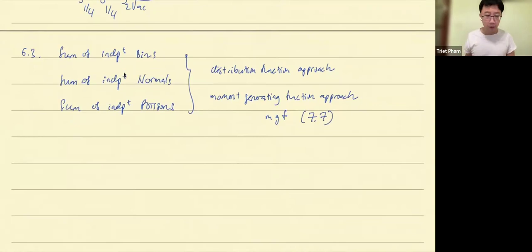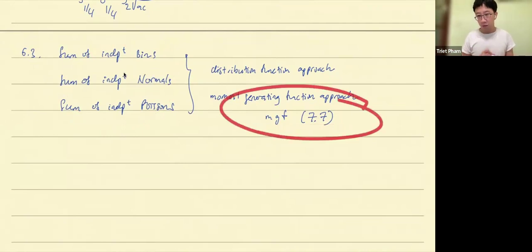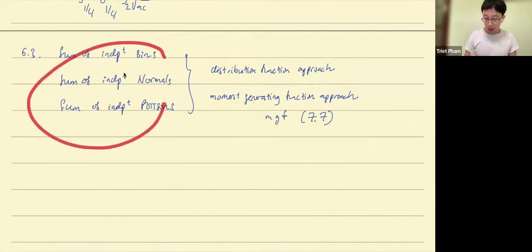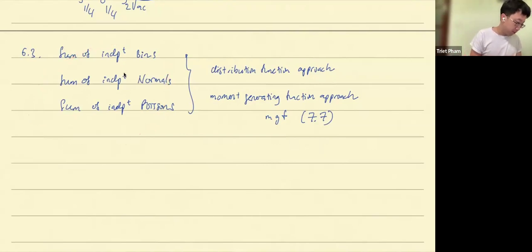But this is the right place to discuss it, because sum of independent random variables is one of the reasons why we study MGF. And you have all the necessary knowledge to look at MGF anyway. So in some way, we're doing things out of sequence, but sequence is just one way the textbook likes to present the materials. So we want to go to the MGF of 7.7, introduce it first, and then see how it's used to look at sum of independent random variables.